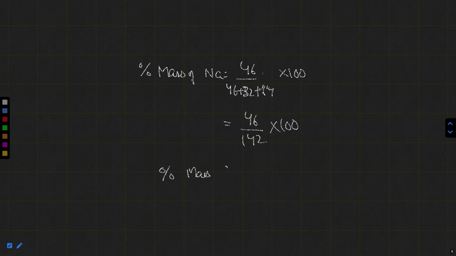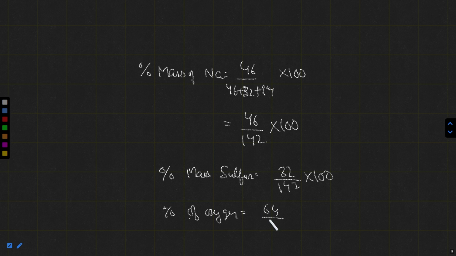What would be the mass percentage of sulfur? It will be 32 by 142 into 100, and the mass percentage of oxygen is 64 by 142 into 100. So if you calculate these three, you will get the mass percentage of sodium, sulfur, and oxygen.